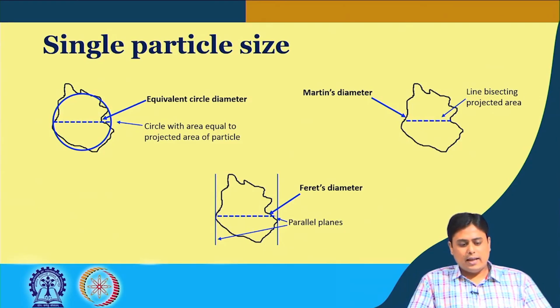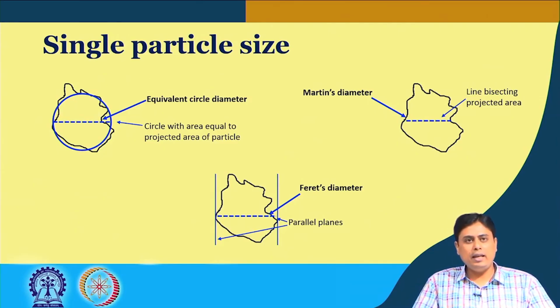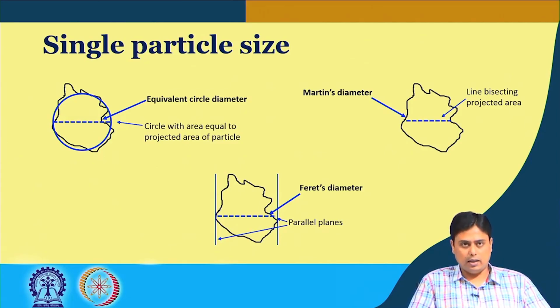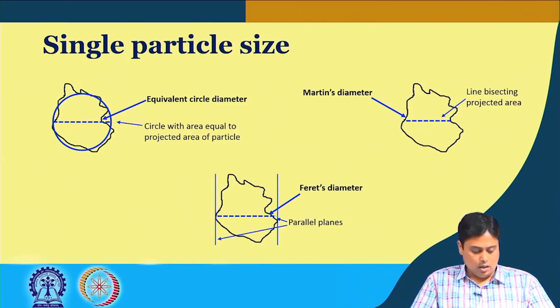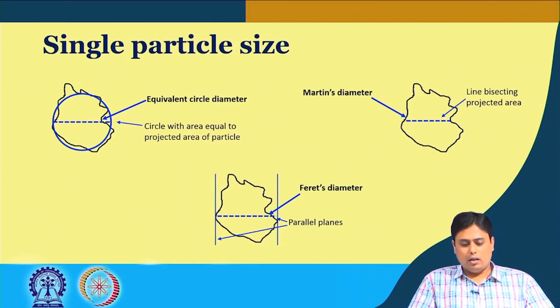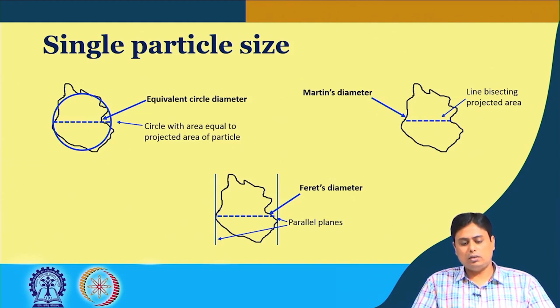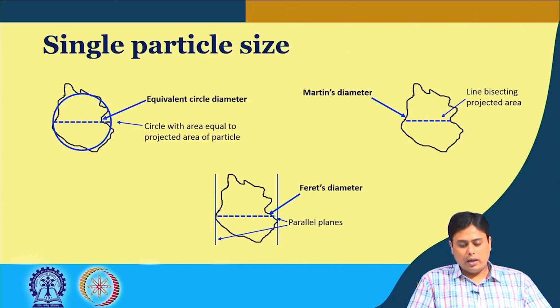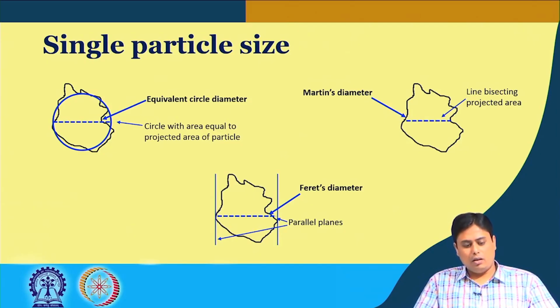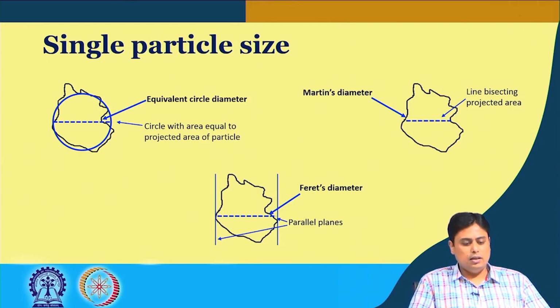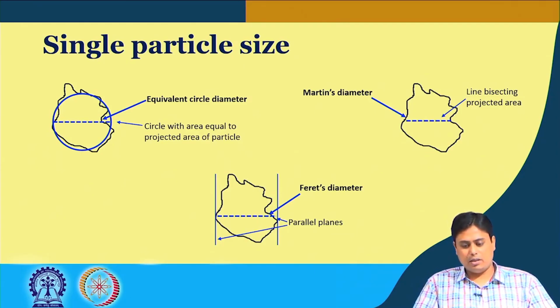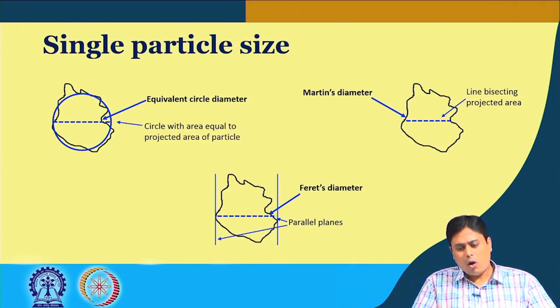So, the point is that this slide shows that for any irregular shaped particle you can have different diameters. Which one you need is based on your requirement or the focus of your study. For example, if you are looking through microscopy, you can get this equivalent circle diameter or Martin's diameter.